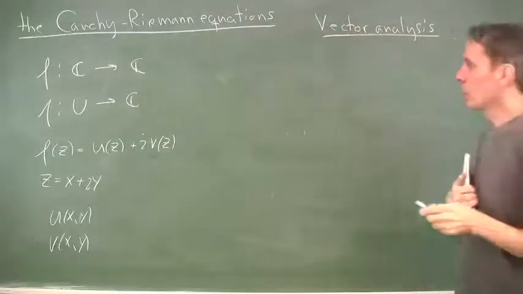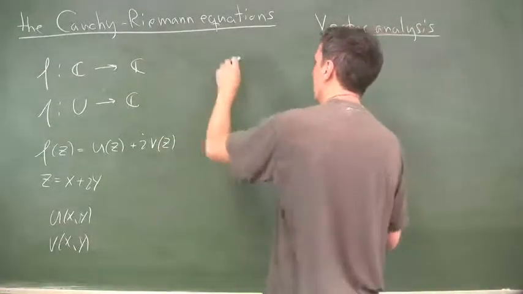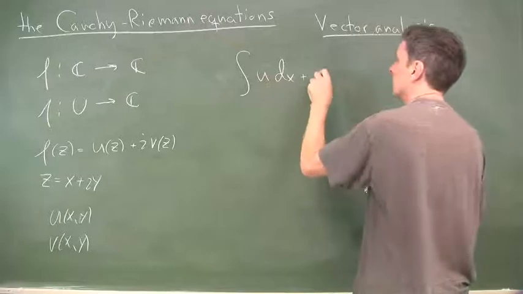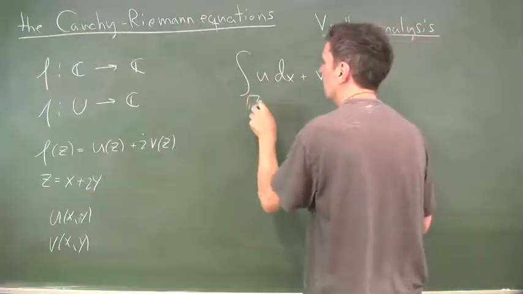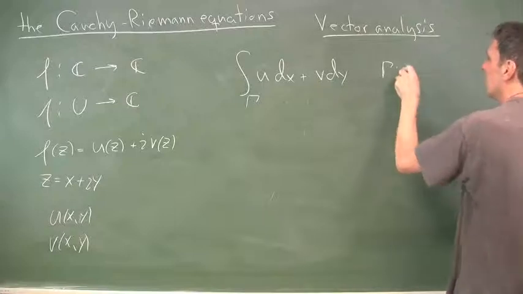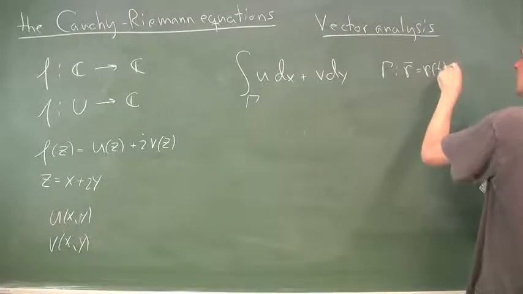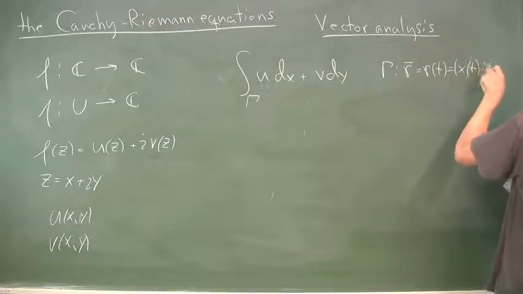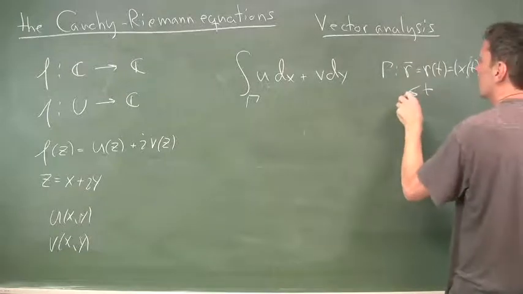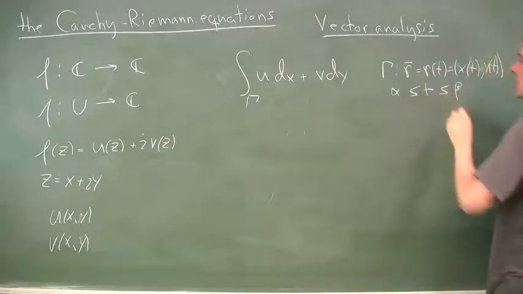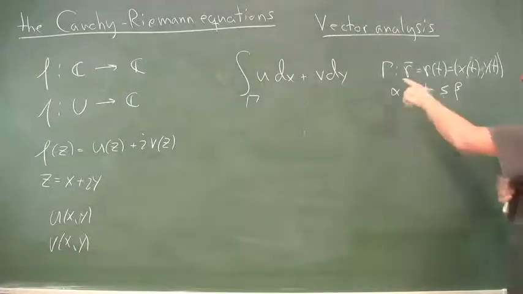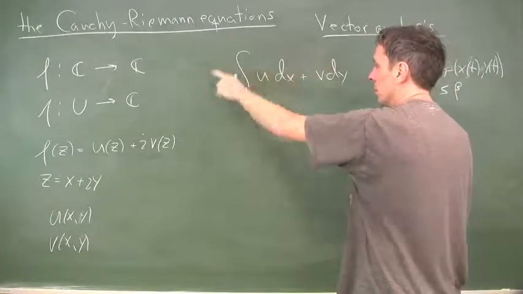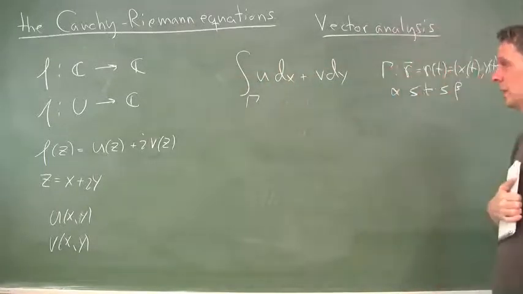So in previous courses we have considered curve integrals of this form over some curve gamma. So gamma typically is given by something like this, where t runs over some interval like this. So gamma is actually an oriented curve, and then you can compute this kind of curve or line integral.